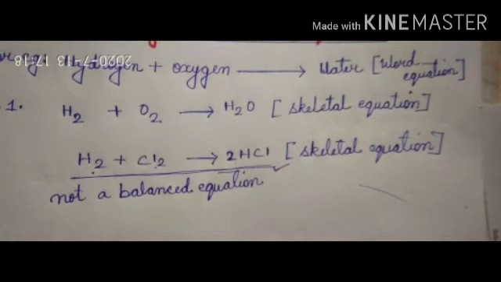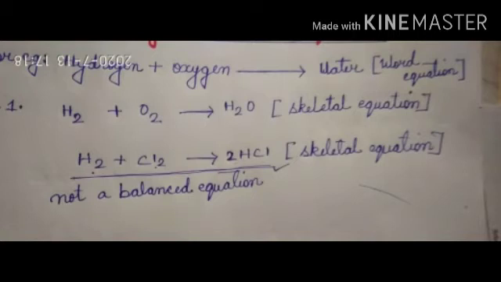Here, on the reactant side there are two hydrogen atoms and two chlorine atoms, as well as on the product side there are 2 hydrogen and 2 chlorine. So this equation is now a balanced equation.